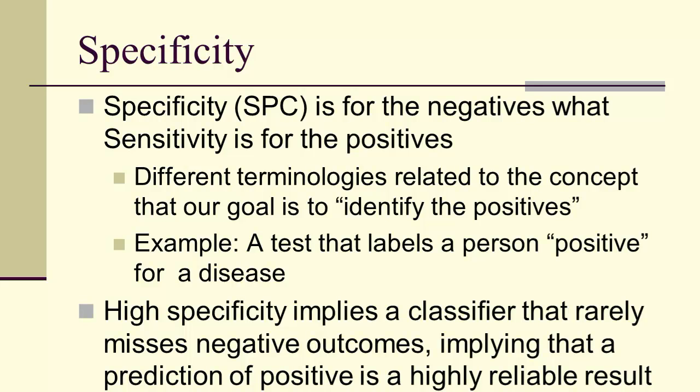So high specificity implies a classifier that rarely misses negative outcomes. So that means that prediction of positive is highly reliable. So think in terms of a disease. If a test comes back positive for something and it's highly specific, then you're pretty confident you have the disease.